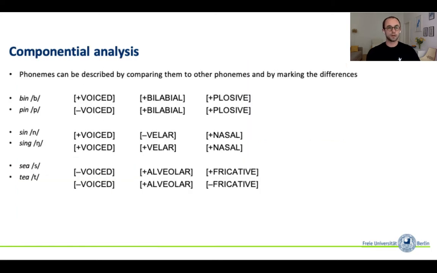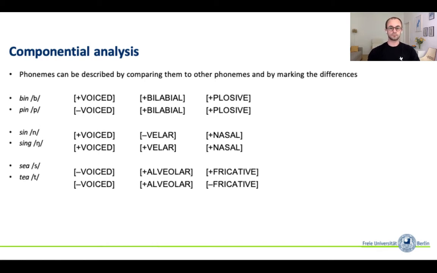Okay, so as a short recap, you know that phonemes can be described by comparing them to other phonemes and by marking the differences. So if we, for example, have a look at sounds such as b and p in bin and pin, or sin and sing, or c and t, we might come up with a table of features that we can either mark as present or absent in the sound, right?